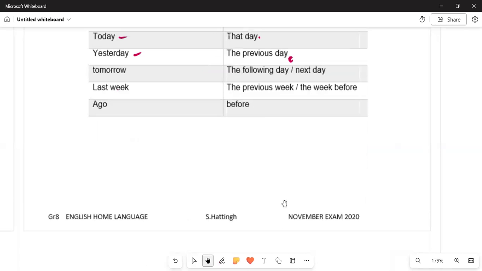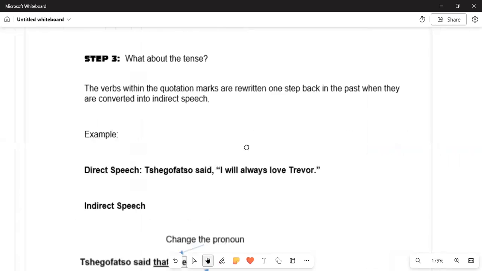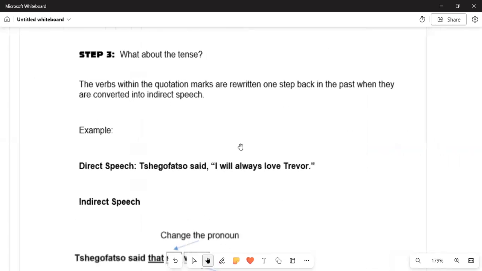Okay. Then we are taking it step by step so that we can understand very well what we are talking about. And remember, when you are reporting direct, it is your words that you are using, and indirect is when somebody is reporting on your behalf. The past tense and the present tense will change, and the quotation marks are removed, going one step back in the past when they are converted into indirect speech.